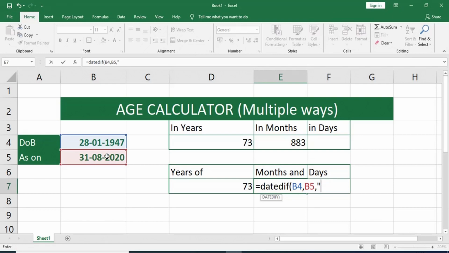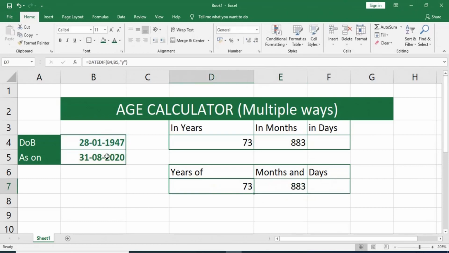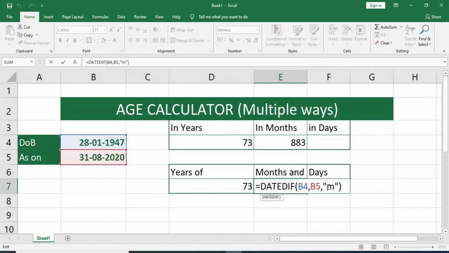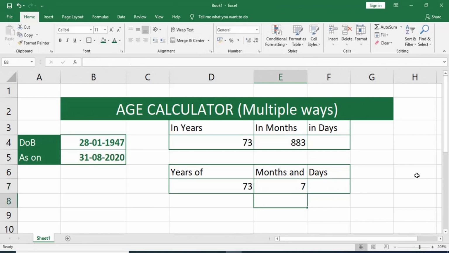So instead of typing only m and close bracket, we are going to add y before m, then press enter. That means 73 years 7 months.